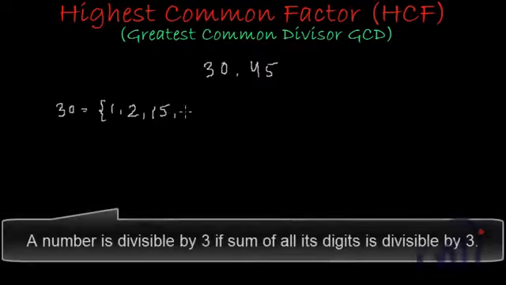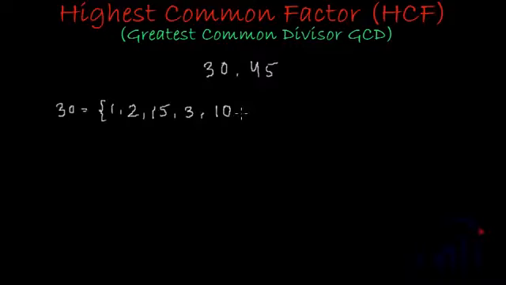And yes, 3 plus 0 is 3, and 3 is divisible by 3. So 30 will be divisible by 3 also. If I divide it by 3, I'll get 10. So 3 will be a factor of 30, and at the same time 10 will also be a factor of 30. Right?